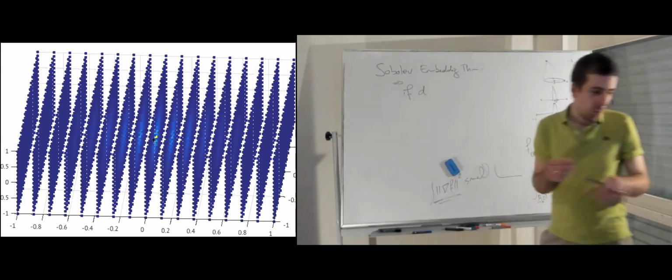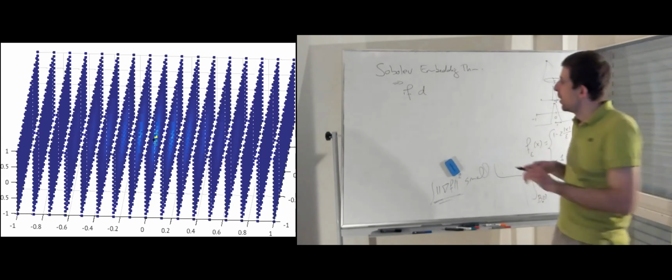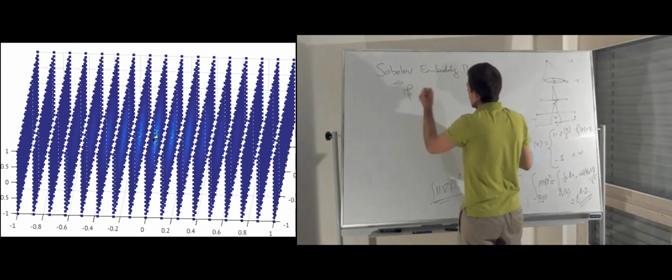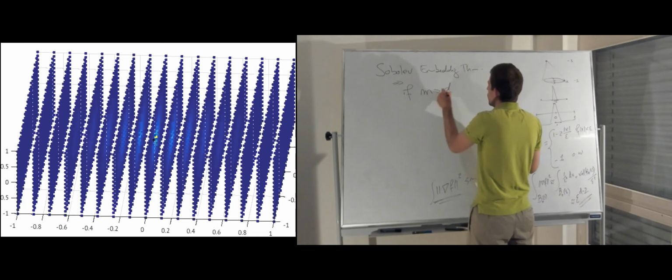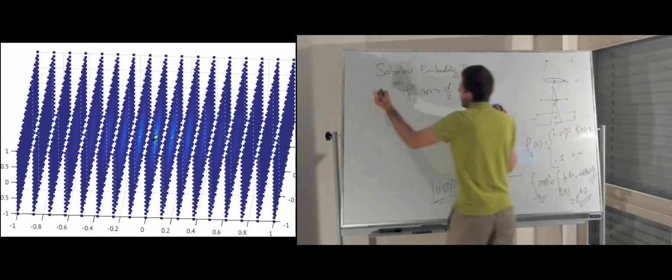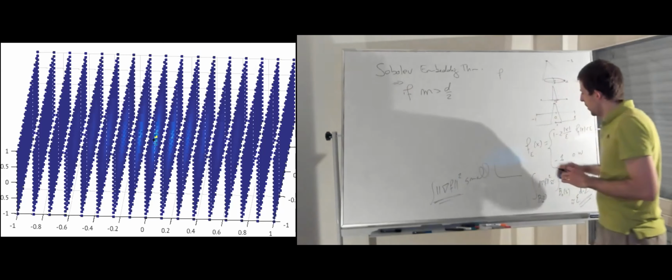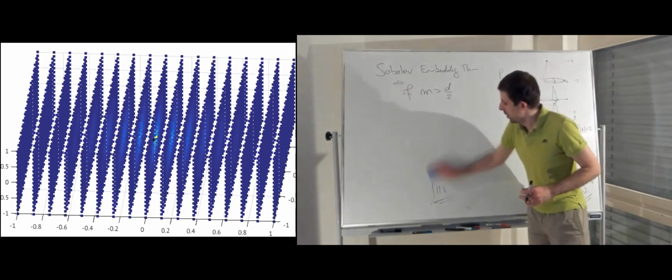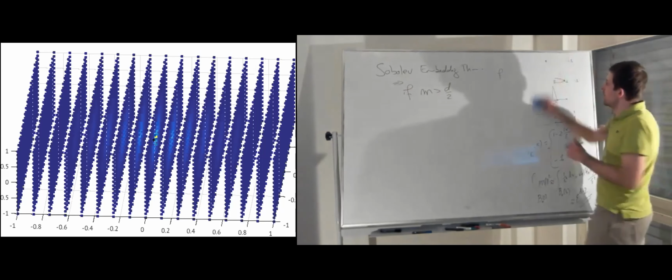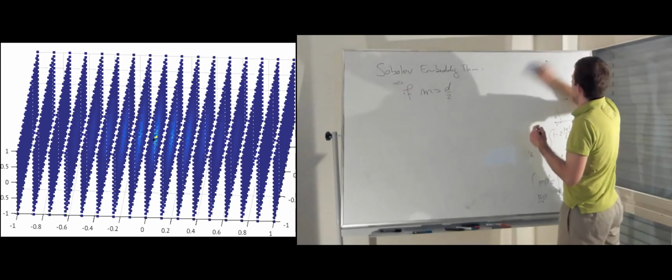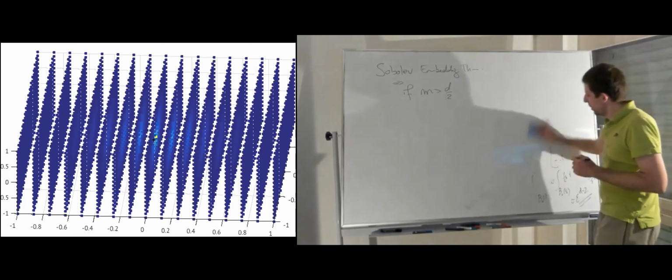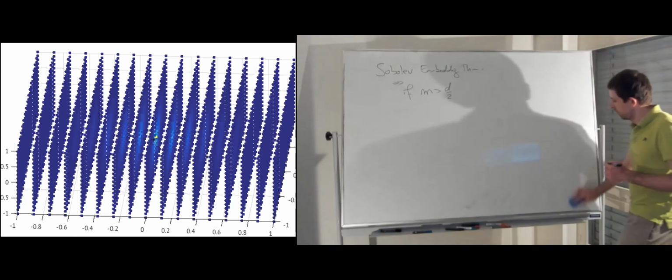the dimension that we're in, so where the function lives, let me say m is bigger than d over 2, where we have a function f that lives in d dimensions, so f is a function on R^d.